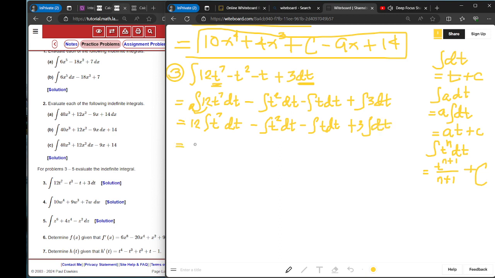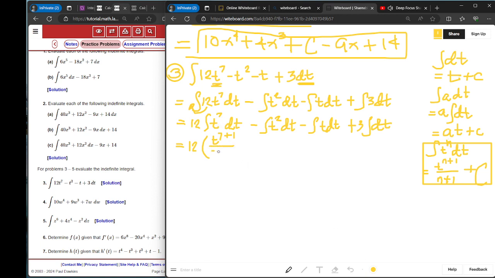Next, proceed to the integration. So we'll have 12 times t to the 7 plus 1. So take note of this property. n is any number. In this case, this is 7.